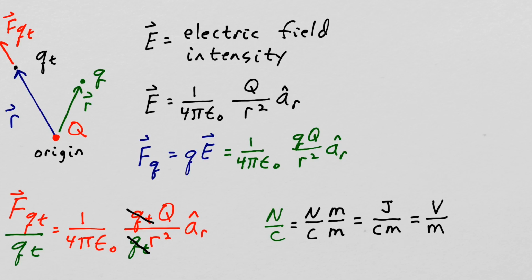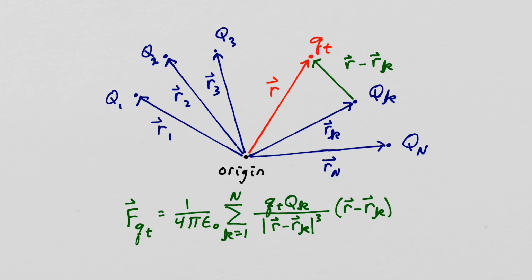We can extend this concept to define the electric field intensity caused by multiple point charges. Think of a test charge Q sub t in the presence of n other charges.